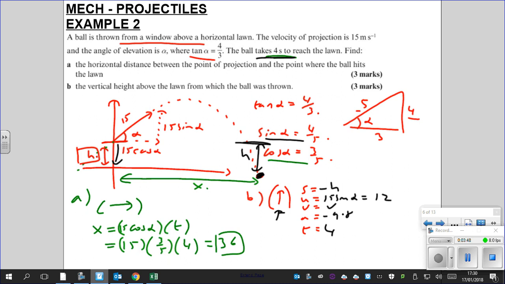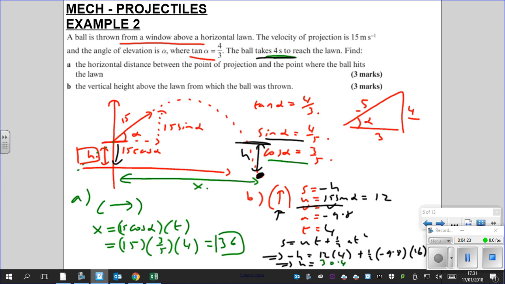And we can work out h then by using our s equals ut plus half at squared formula. So s is minus h, u is 12, t is 4, plus half times minus 9.8 times 16. Okay, so h should equal, whole reason why that minus is there, otherwise you're going to get a negative answer, so 12 times 4 plus 0.5 times minus 9.8 times 16, divided by the minus 1, and we get 30.4 meters.